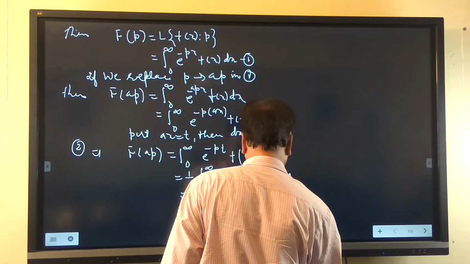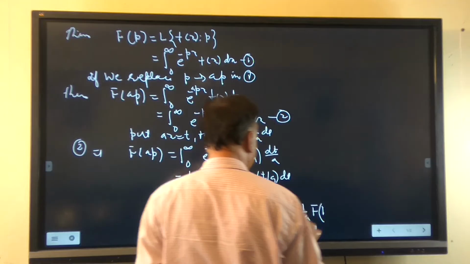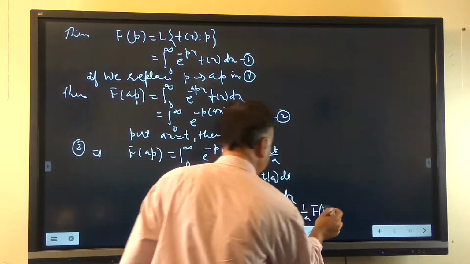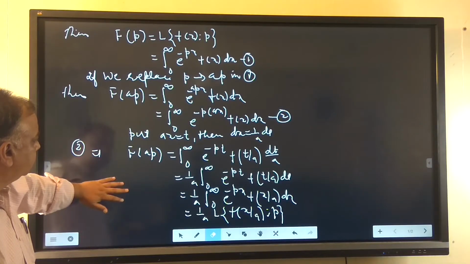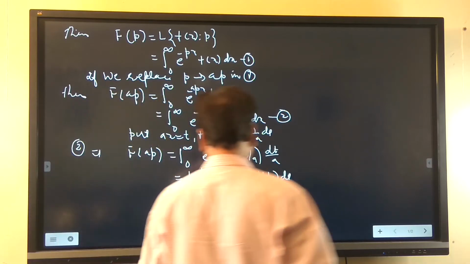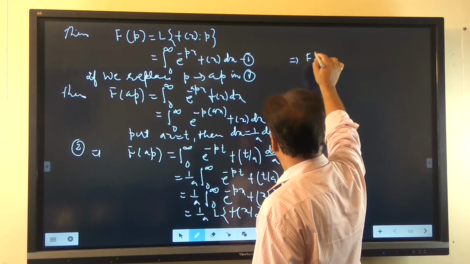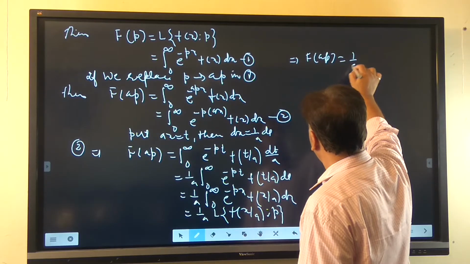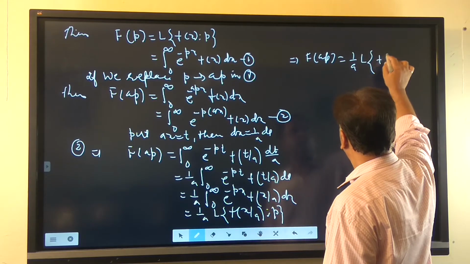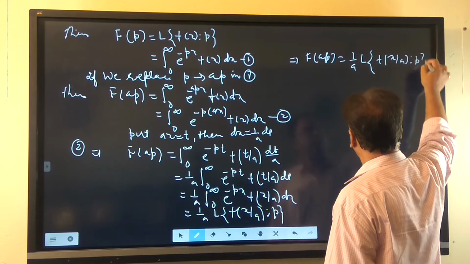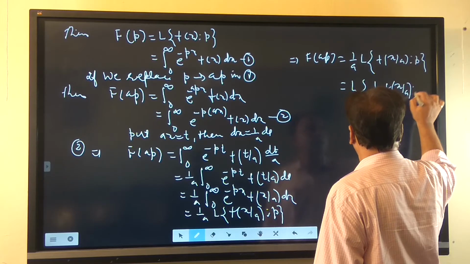So we get here F(ap) is equal to 1/a times the Laplace transformation of f(x/a) with respect to p, or we can write it as the Laplace transformation of 1/a f(x/a) with respect to p.